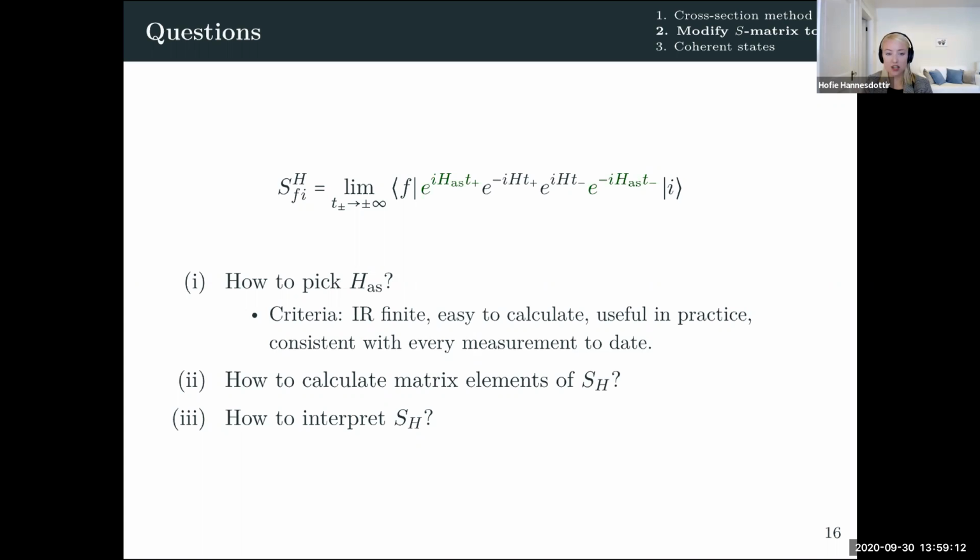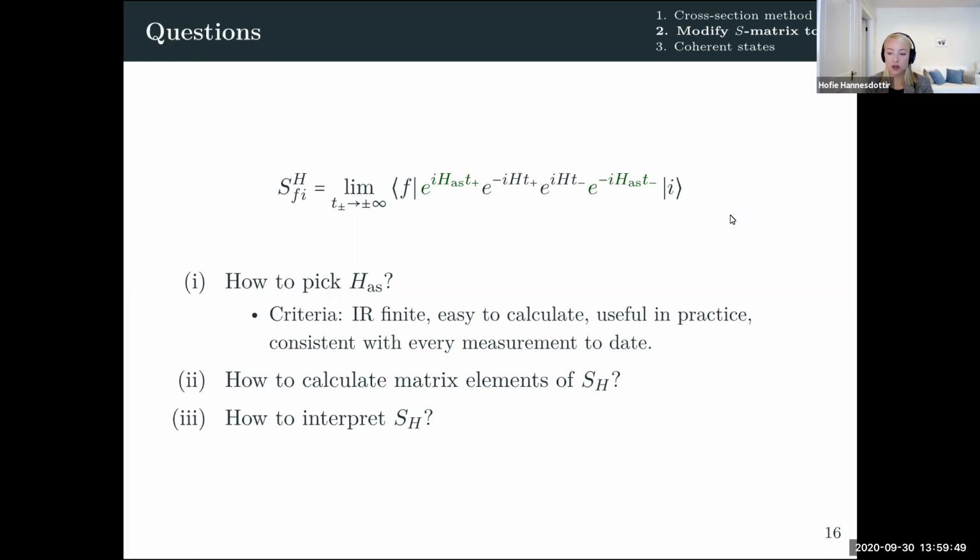First of all, we want the hard S matrix elements to be IR finite, but that's not restrictive enough, because if that was my only criterion, then I could pick H asymptotic to be the same as H. So S would just be equal to 1, and all S matrix elements would just be the overlap of the two states, and everything would be trivial and wouldn't tell us anything interesting. So we definitely want it to be IR finite, but that's not restrictive enough. We also want it to be calculable, preferably easy to calculate, but we want it to be useful.